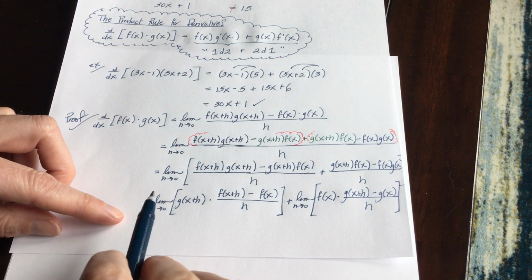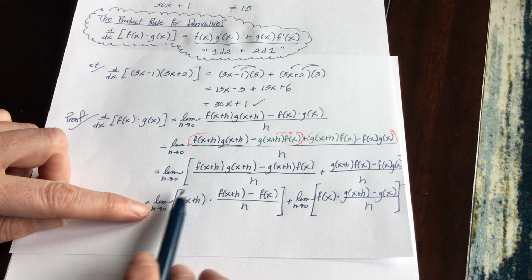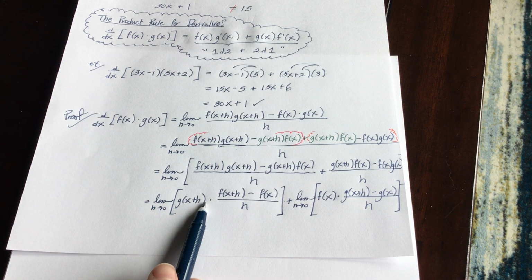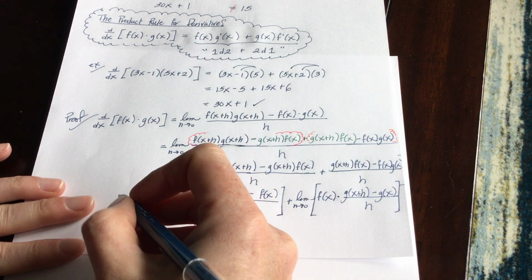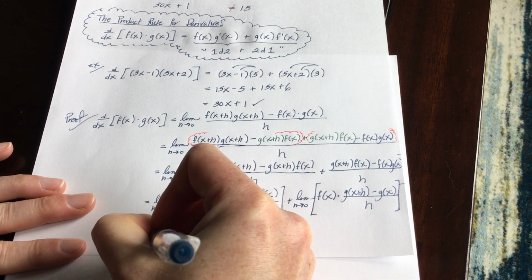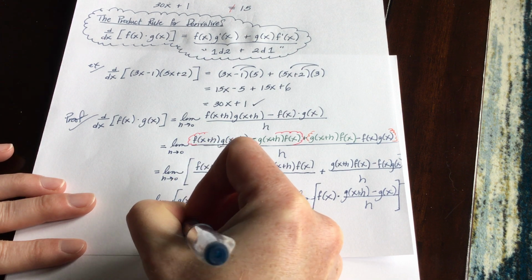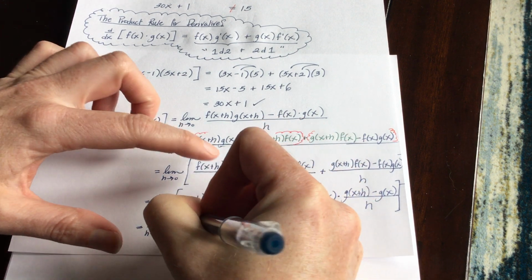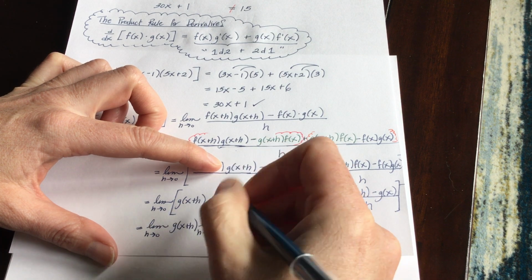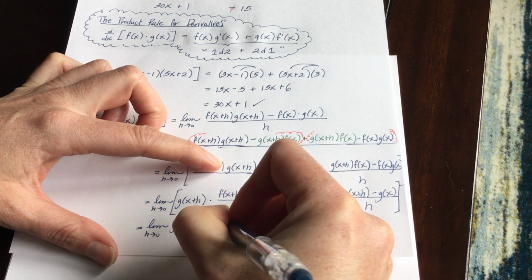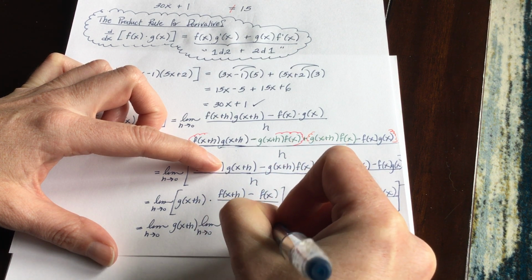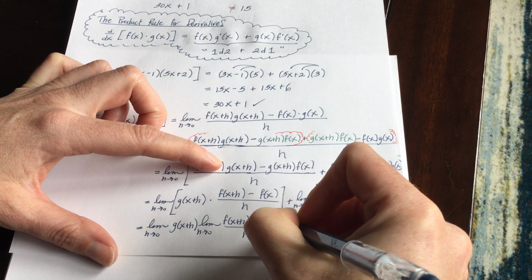But we're going to use one more property of limits. Limits actually do distribute over multiplication, something we've talked about back in chapter 11. Derivatives don't, but limits do. So in the next step, I'm going to rewrite this as the limit as h goes to 0 of g of the quantity x plus h times the limit as h goes to 0 of this mess, f of the quantity x plus h minus f of x all over h.